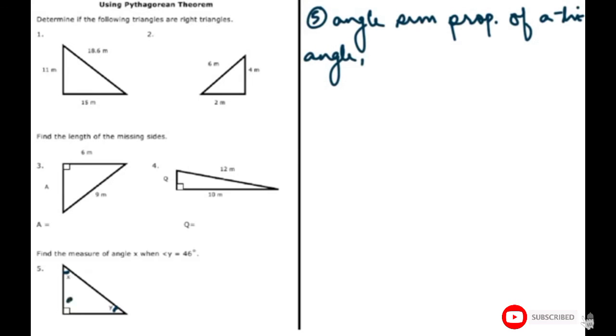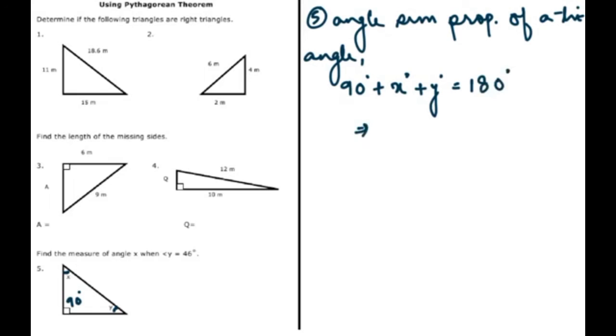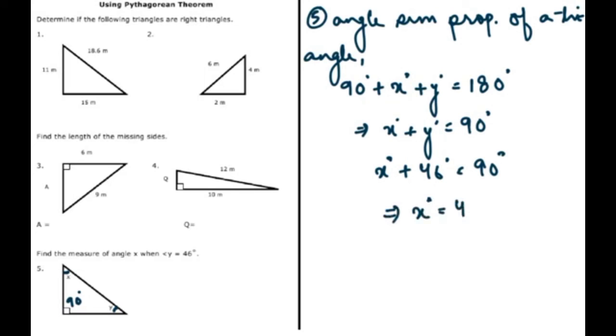Here we can see one angle is 90 degree given and the other two angles are X and Y. So using angle sum property of triangle, 90 degree plus X degree plus Y degree must be equal to 180 degree, which means X degree plus Y degree is equal to 90 degree. As we are given angle Y is equal to 46 degree, I am going to put that here. This means X is equal to 44 degree.